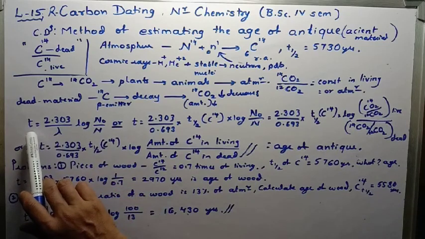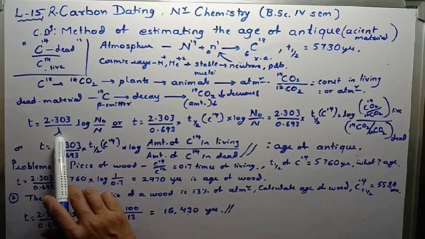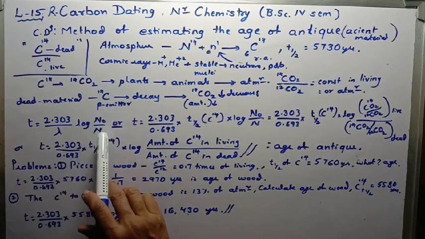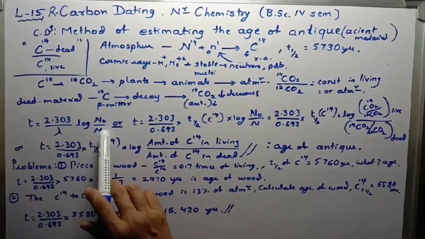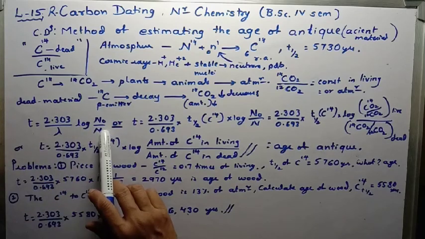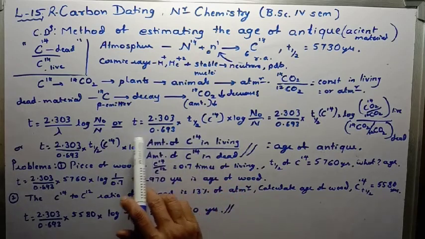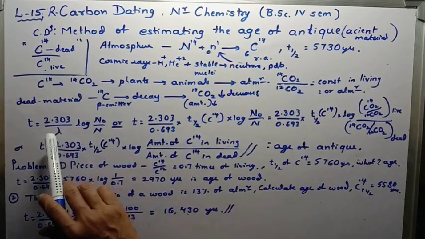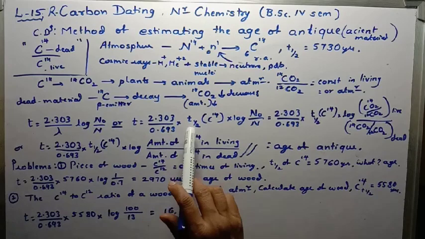t is the time period, t equals 2.303 divided by the decay constant, into log of N0 by N, where N0 is the initial amount and N is the amount present after time t. The decay constant is related to half-life as 0.693 by t half.